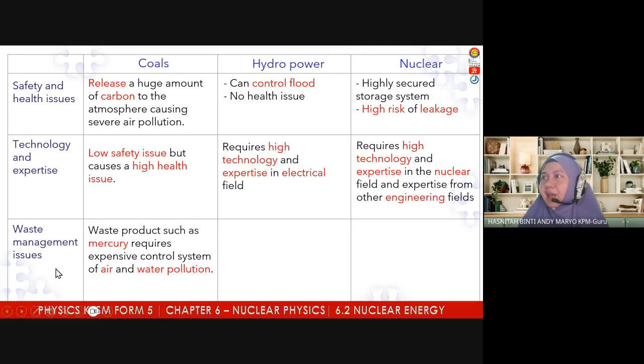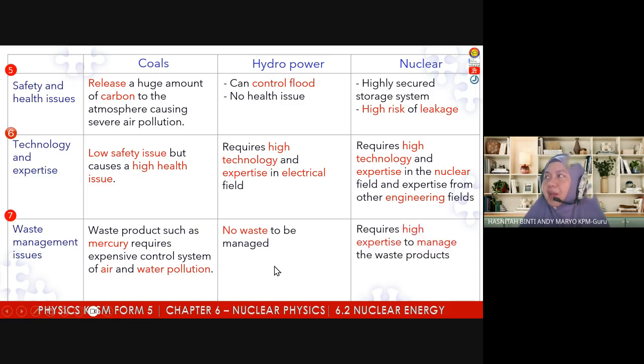Okay, in terms of waste management issues, coal produces a lot of waste such as mercury and heavy metals, and also needs an expensive control system for both air and water pollution. For hydropower, no waste needs to be managed. And for nuclear, it needs high expertise to manage the waste product.